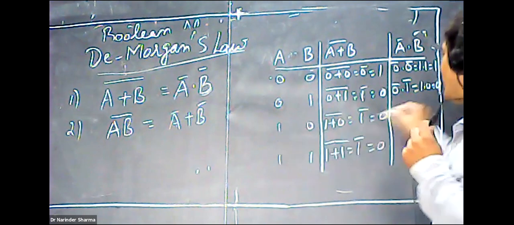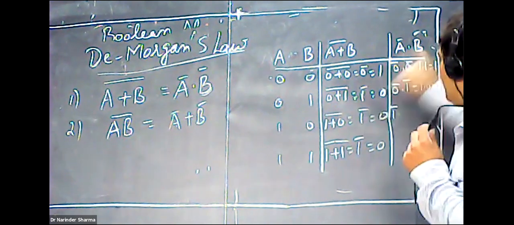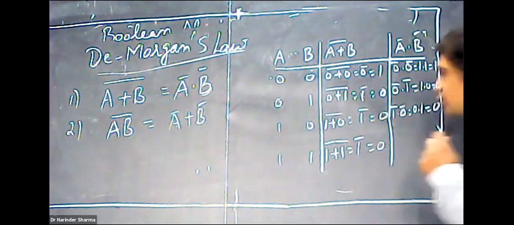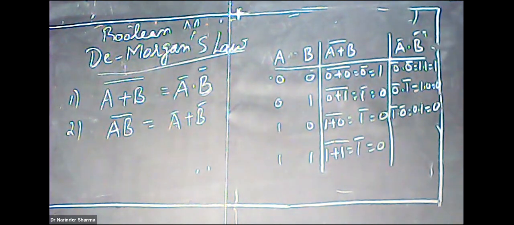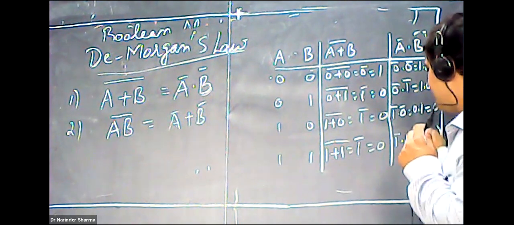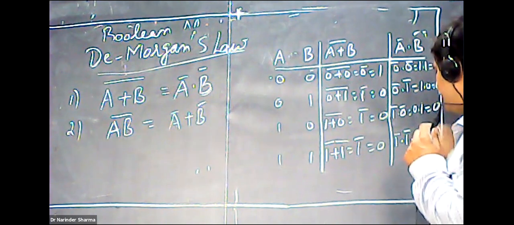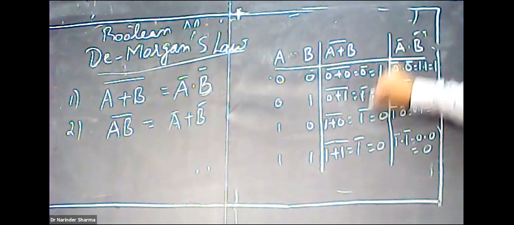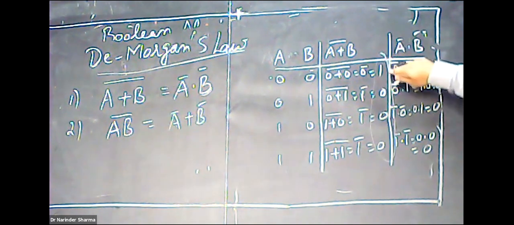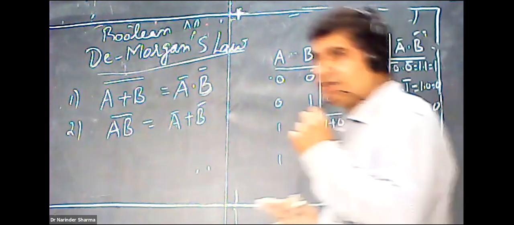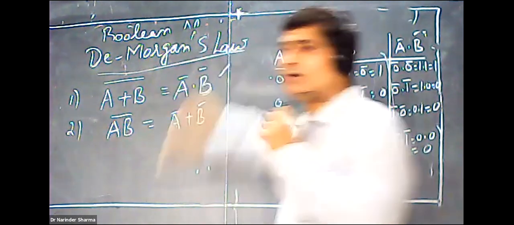Again, A is 1, 1 bar, B is 0, 0 bar, 0 into 1 equals 0. Next, A is 1, B is 1, so 0 into 0 equals 0. So you can compare from this truth table, left hand side output is 1, 0, 0, 0. For the right hand side, it is again 1, 0, 0, 0. In this way we can prove it. So De Morgan's first theorem, we have proved.